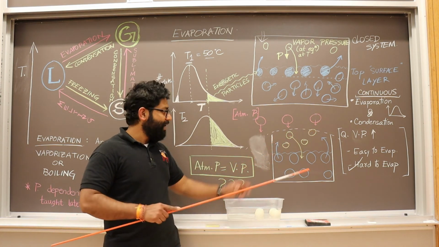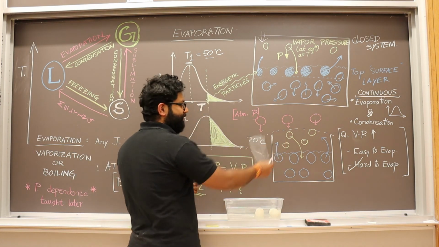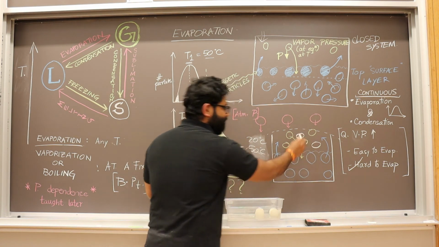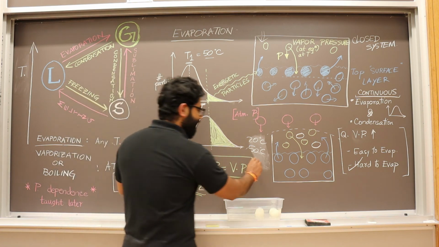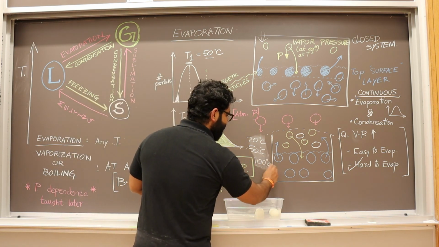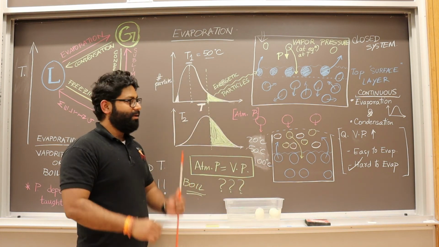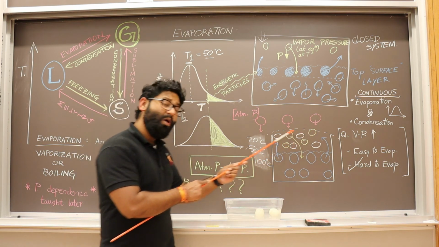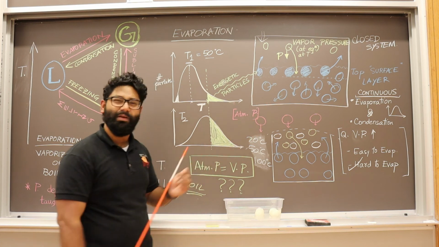Now, how do you increase the vapor pressure in here? You increase the temperature. Now, for example, you have 20 degrees and you increase the temperature to 50 degrees. So you have more vapor phase particles in here, okay? You increase it further, say to 100 degrees. What will happen? It will increase even further. At some point, the pressure in here will be so high that it will match the pressure of the atmosphere.